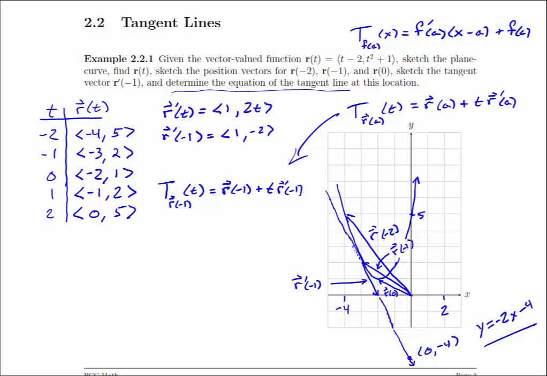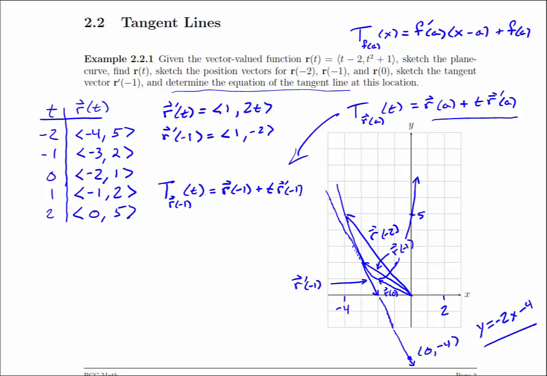So the derivative gives us the slope, and then this is using the point slope form of an equation of a line. And here we can see that this is a little bit reminiscent of this. Here we have our derivative times our variable plus some point on the space curve itself.